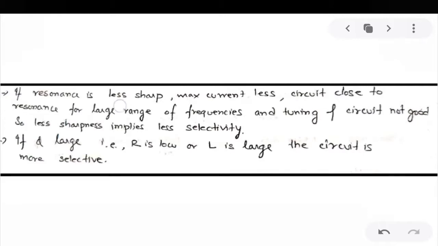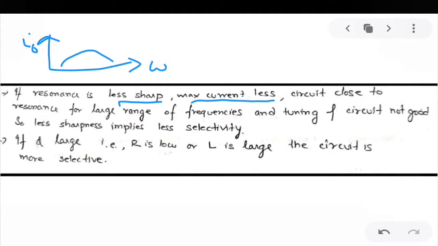If resonance is less sharp, maximum current is less. See, if the curve of current amplitude versus angular frequency is like this, it is less sharp, and maximum current is less. If it is sharp, then obviously maximum current is also more.